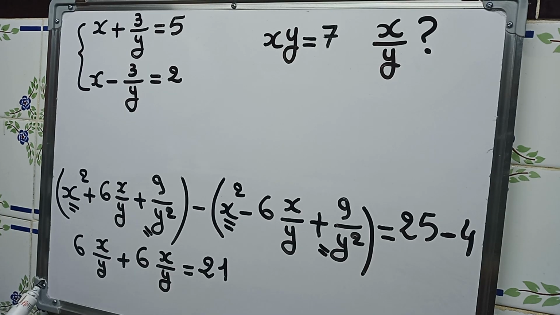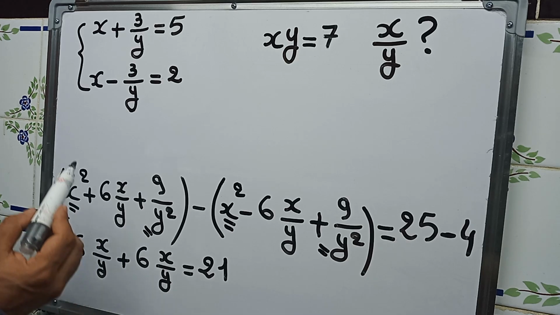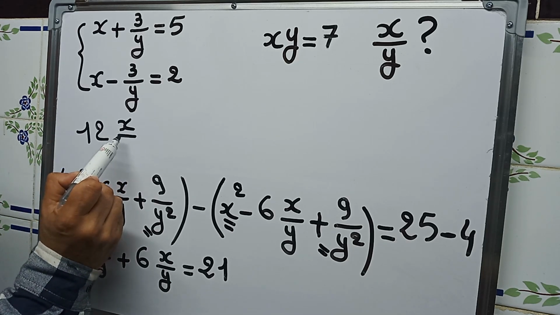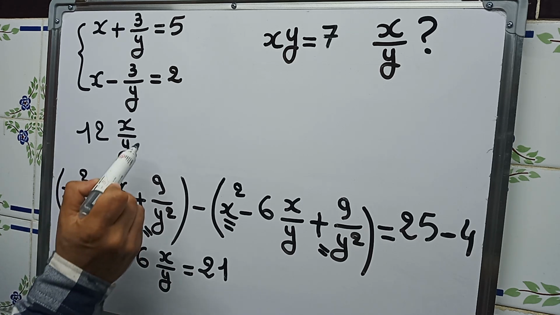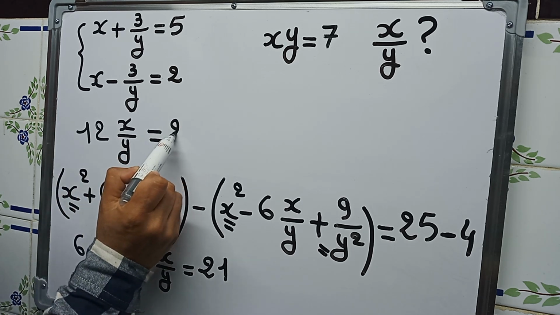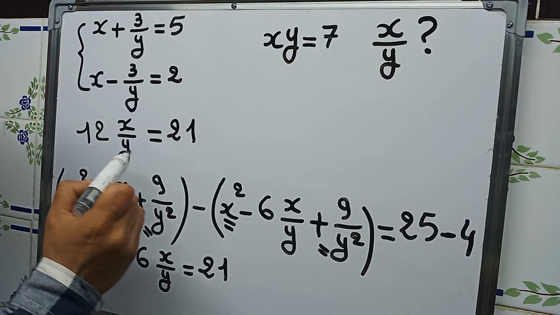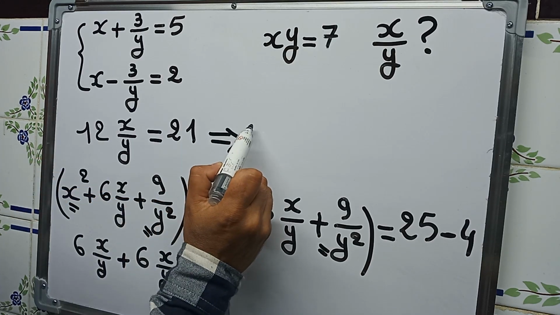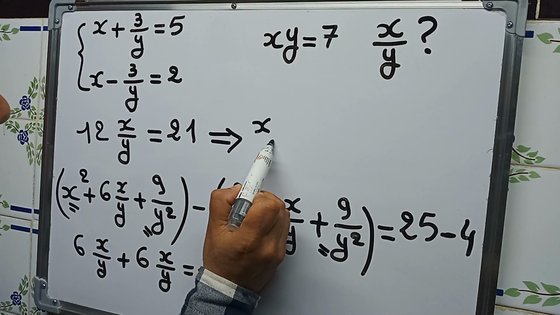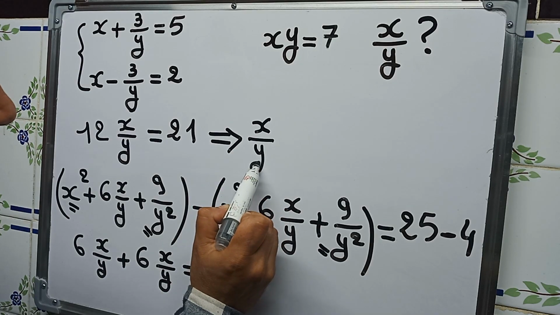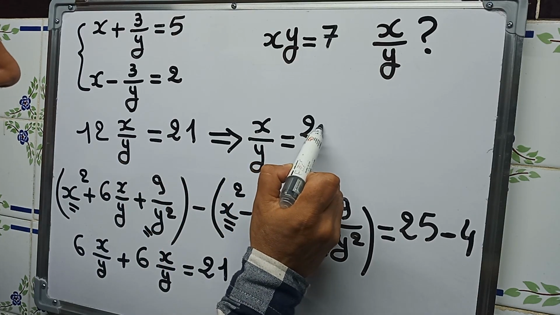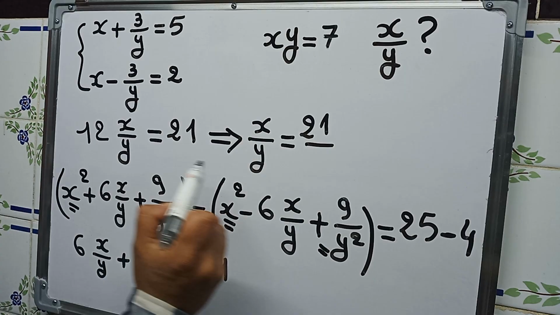And from here we have 6x over y plus 6x over y, which is 12x over y, is equal to 21. And of course here, dividing by 12, we will have x over y is equal to 21 over 12.